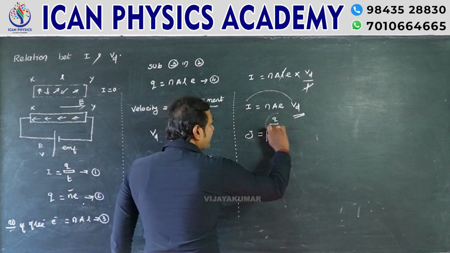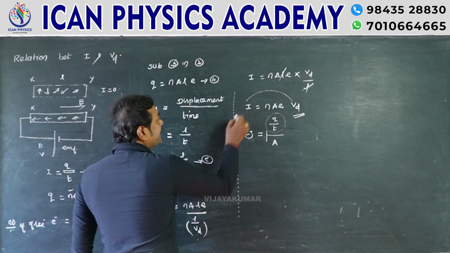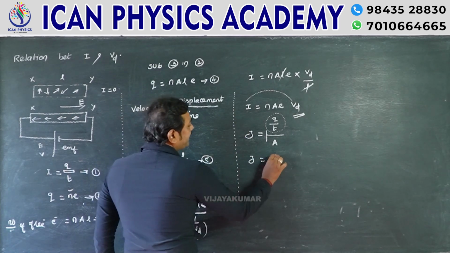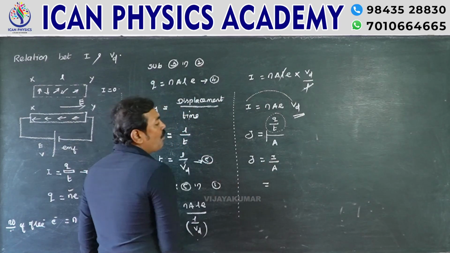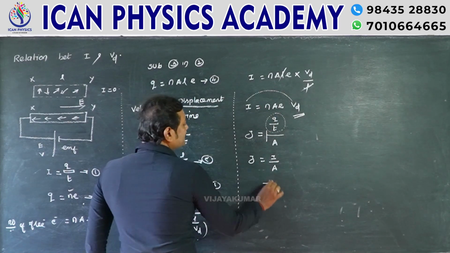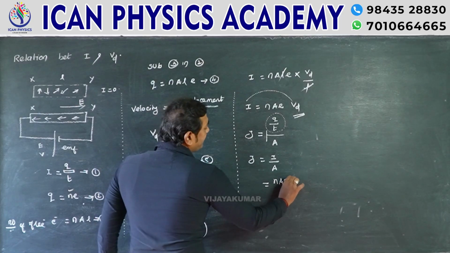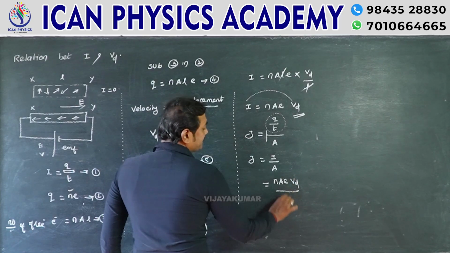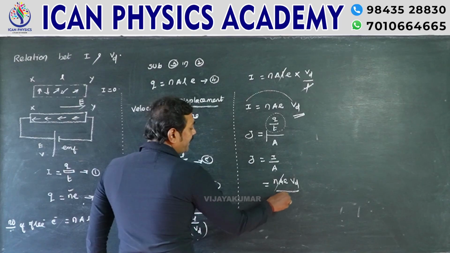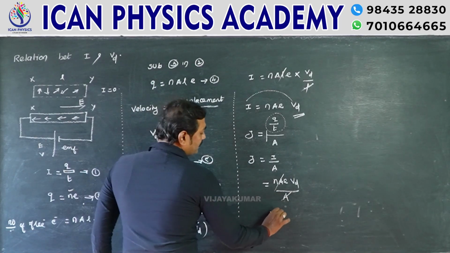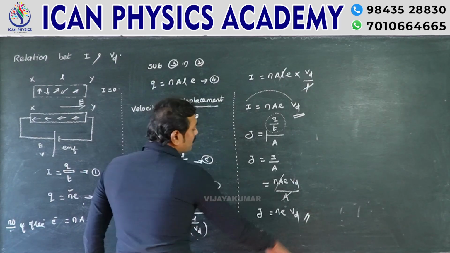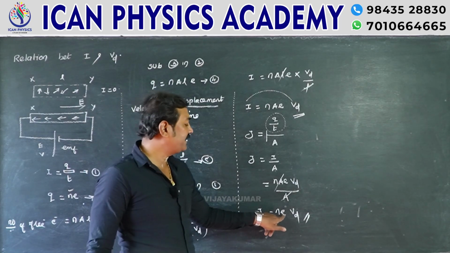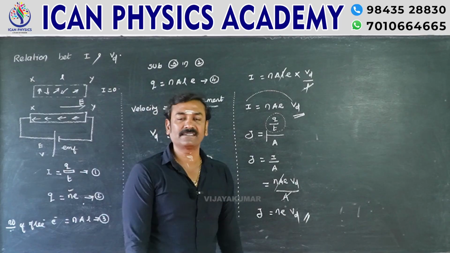So instead of Q by T, we can write I. So J equal to I by A. Now what's the value of I? I is N A E into drift velocity, divided by A. Now A gets cancelled. So J equal to N E into drift velocity.